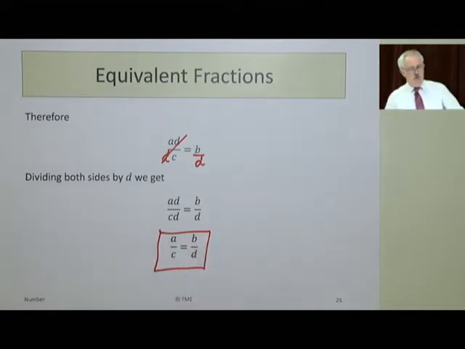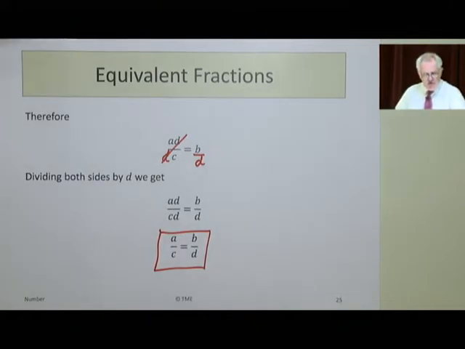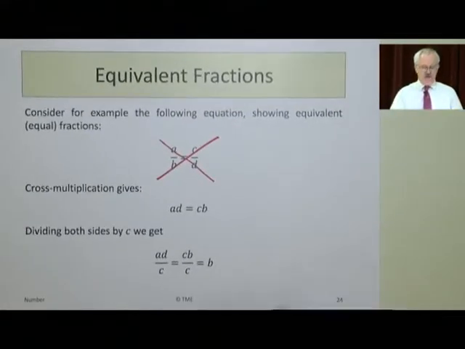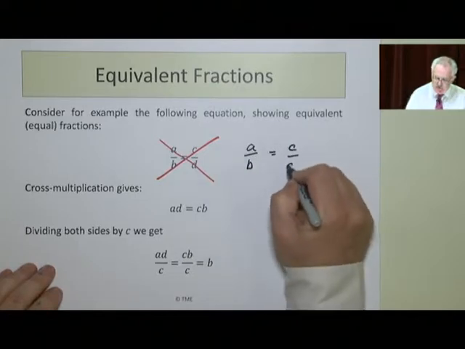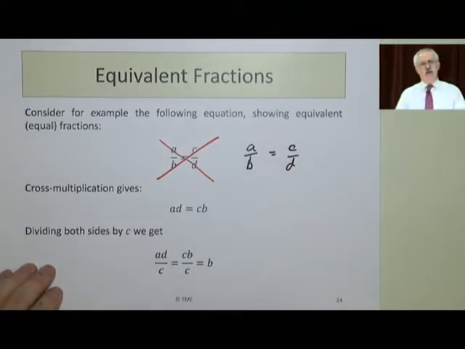I want you just to hold on to that for a moment. I started with this, that if A over B is C over D, note the order of the letters.